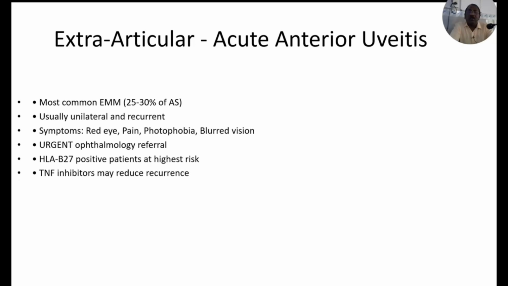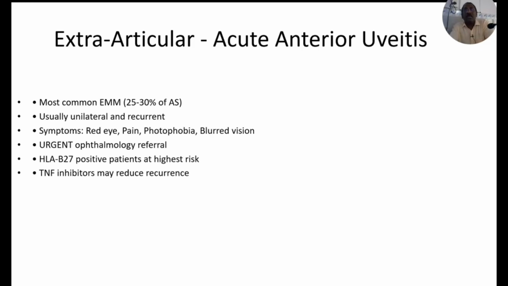Now the extra-articular manifestations. General medicine is also called internal medicine, and here in rheumatology internal medicine plays a major role because of extra-articular manifestations. The most common extra-musculoskeletal manifestation in ankylosing spondylitis, about 20% of cases, is uveitis, usually unilateral, sometimes recurrent, with symptoms of red eye, pain, photophobia, blurring of vision.